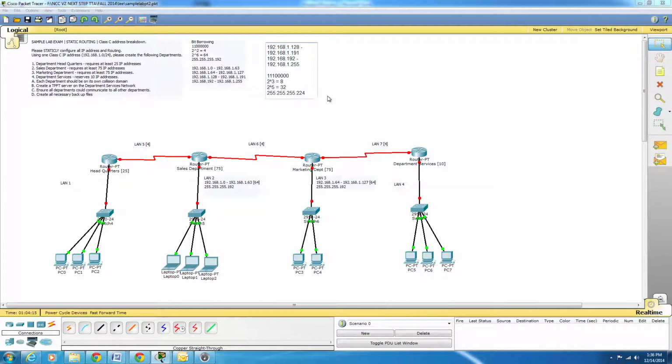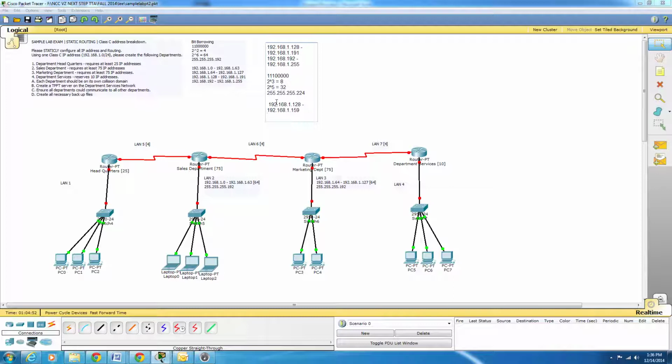And let's break that block down. If we break that into 32, then we would have, let's do it right here, 192.168.1.128, and that will go all the way to 192.168.1.159, and that should be 32 IP addresses, yes.